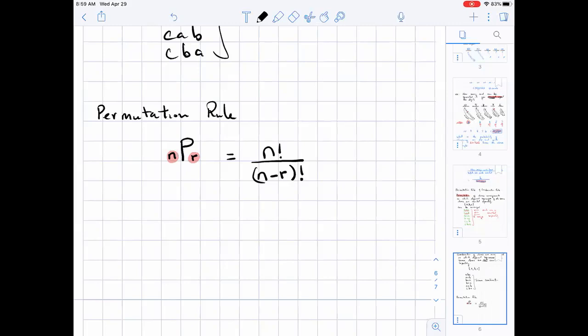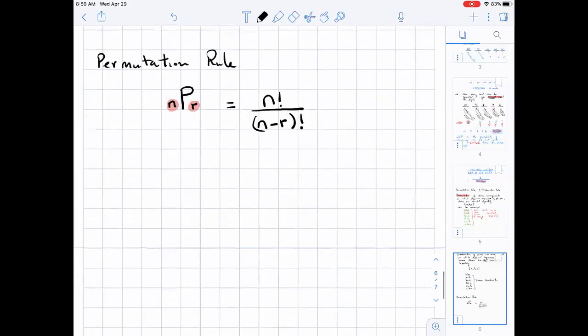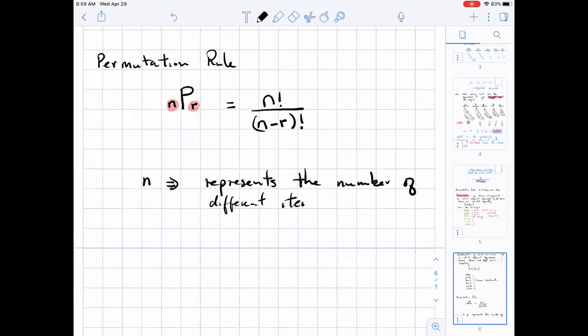So what is N and what is R? N represents the number of different items available.